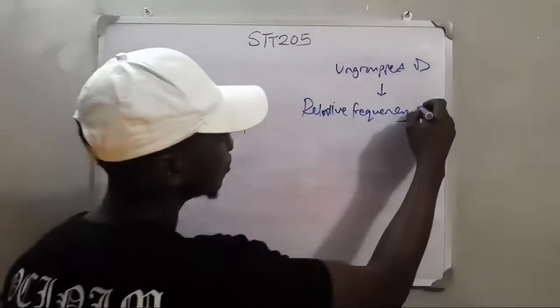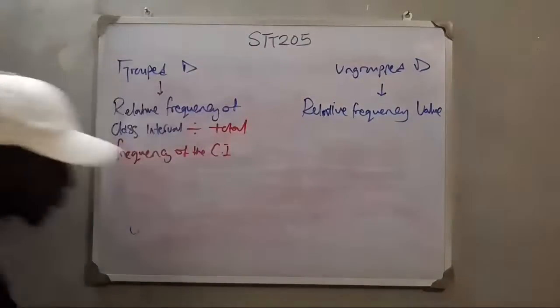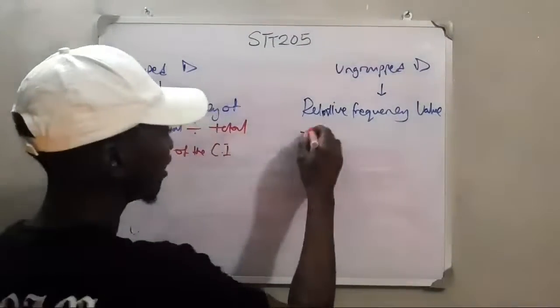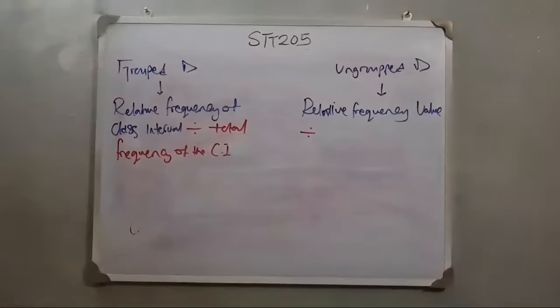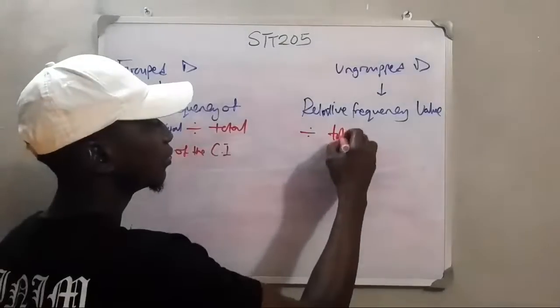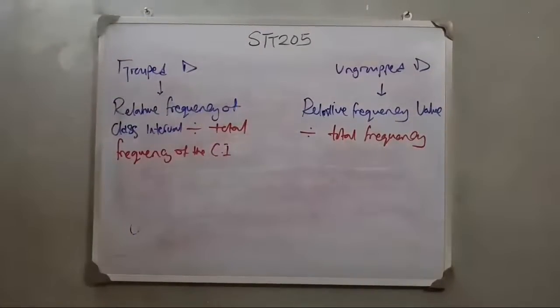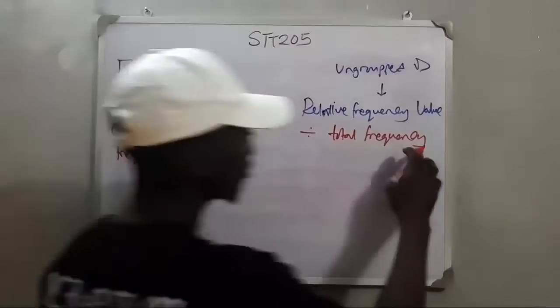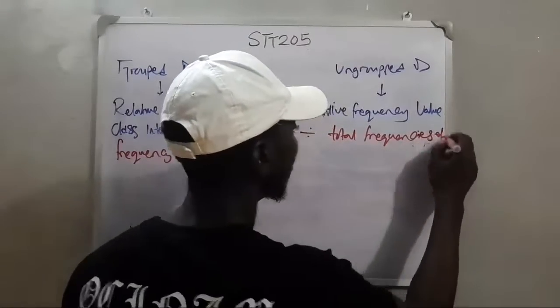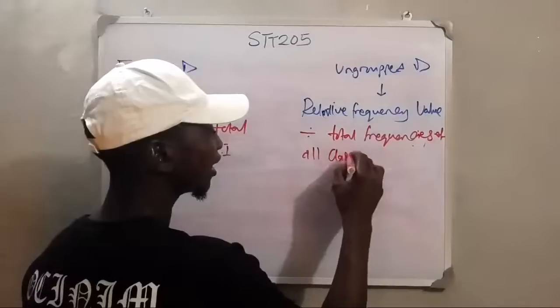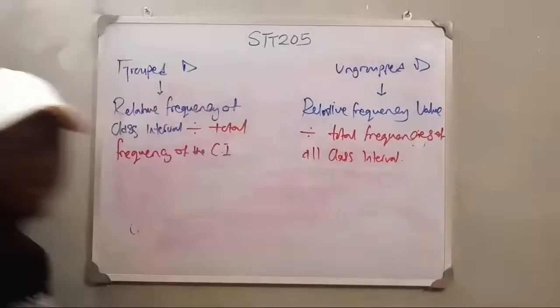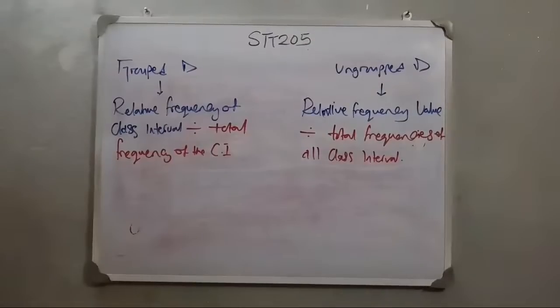Relative frequency of value is divided by the total frequency, that is, the total frequency of all class intervals. So we have that as that. Now let's proceed.